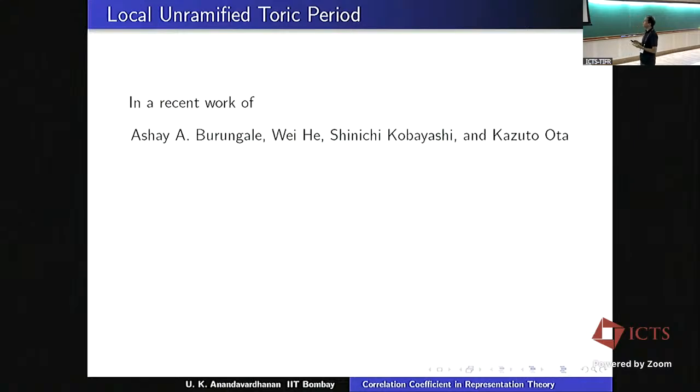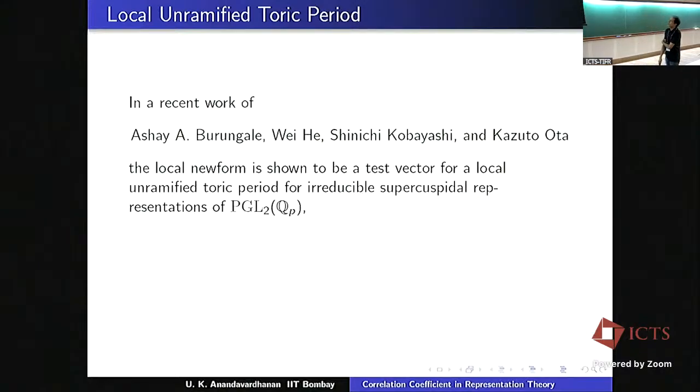Now let me come to the second part of the talk, where I will motivate the talk by quoting this result of Ichino, Hiraga, Kobayashi, and Ota, where of course, the paper has many number theoretic things where they needed a technical result about representation theory of PGL2 Q_P.